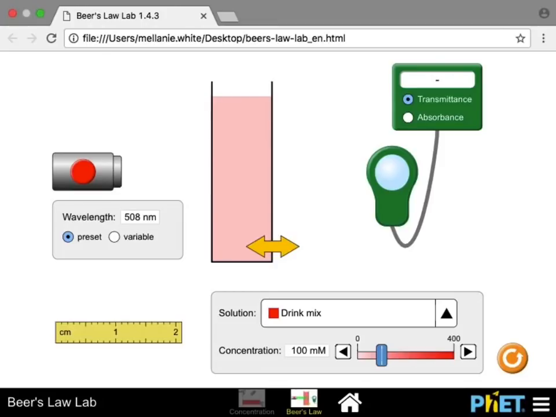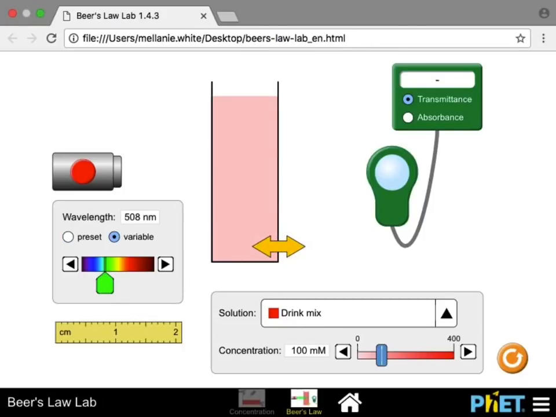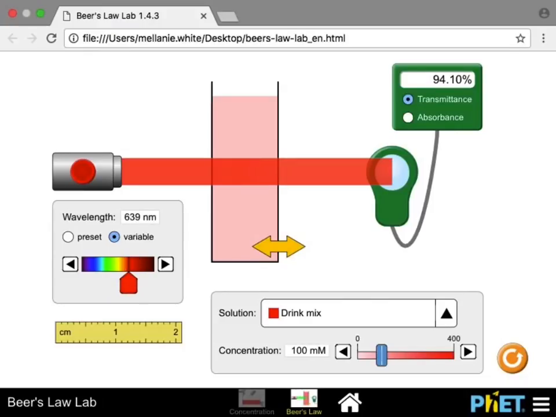Okay, if we have our path length, we can change it and make it as wide as we want. Then we can choose what color light to put out so that we can get the best absorbance. If I say, oh, well, it's red, let's go ahead and use a red light on it. So I'm going to go down here to red and shine my light through there.